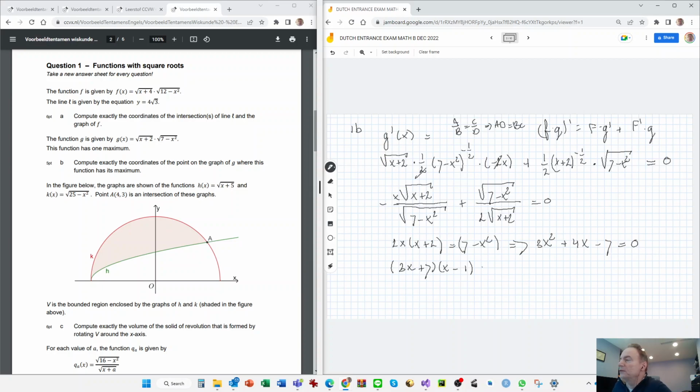Okay, so that means either x equal to 1 or x is minus 7/3. But it's given there's actually 1. And that's because, going back to the original function, with minus 7/3 the x plus 2 will be negative.